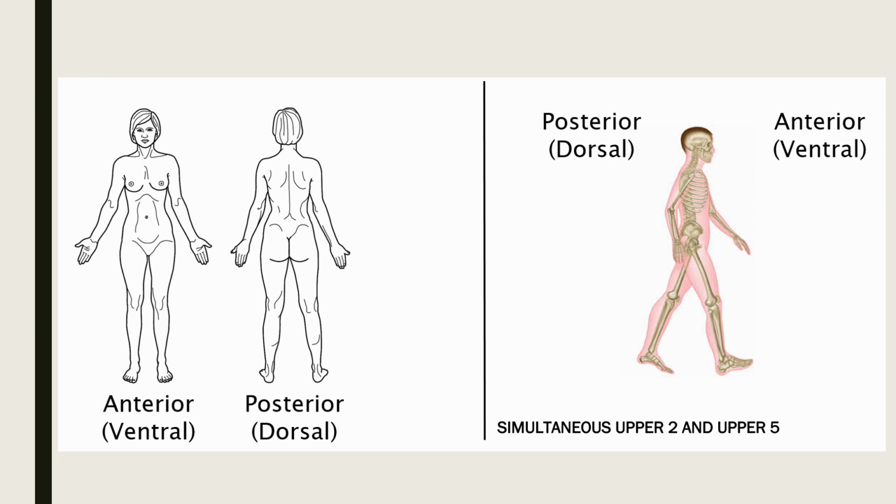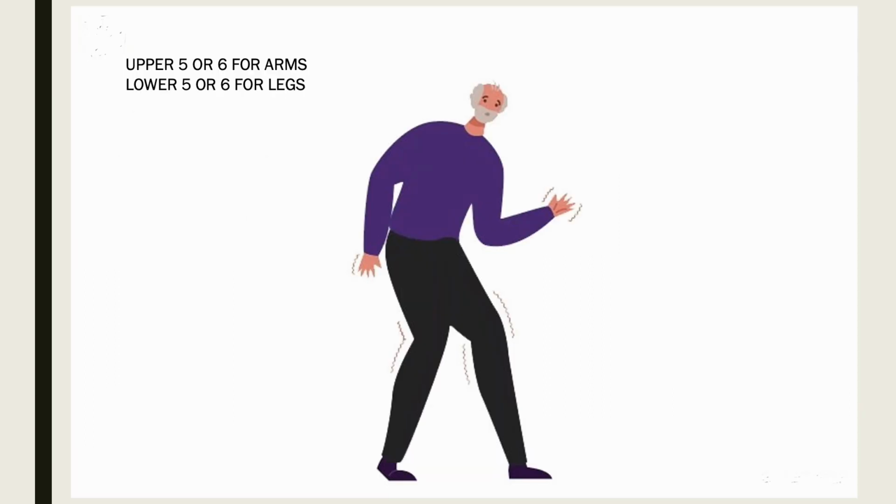For example, use upper 2 and upper 5 at the same time. For motor disorders of the forelimbs or to reduce excess sensations, use upper 5 or 6 for the arms or lower 5 or 6 for the legs.